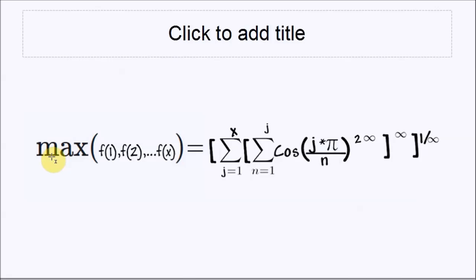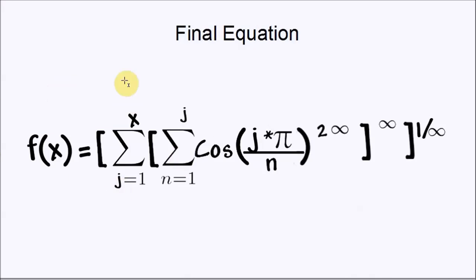So the maximum from 1 to x is this equation, and this equation is the equation I was trying to arrive to, my final equation. This equation, as I explained, gives you the number of factors of the highly composite number of the given range from 1 to x.